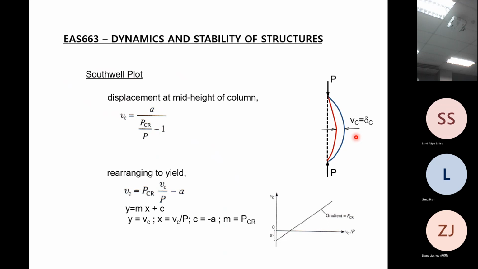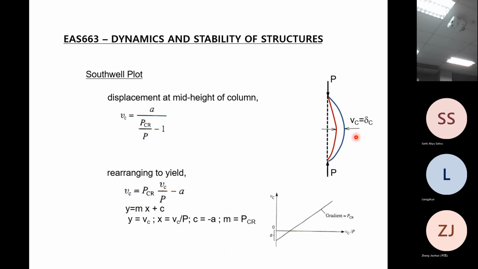This one we don't know. Then we can rewrite these equations into a straight line equation form, which is y equals mx plus c. We can rewrite these equations into this form.